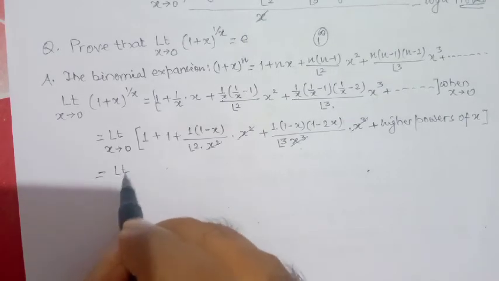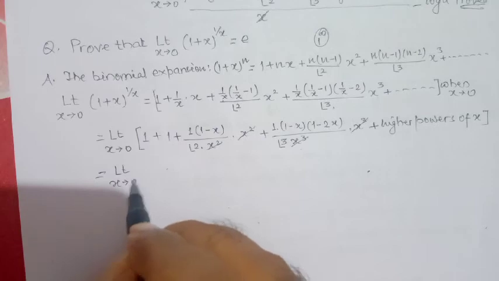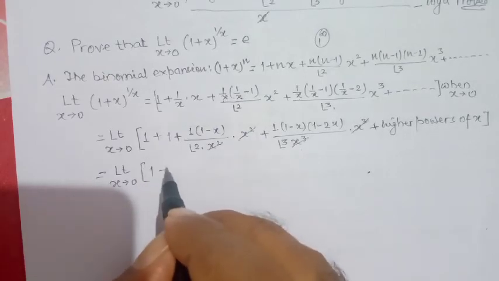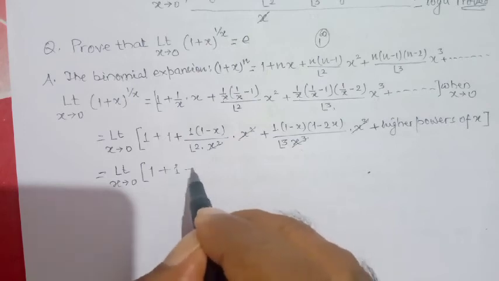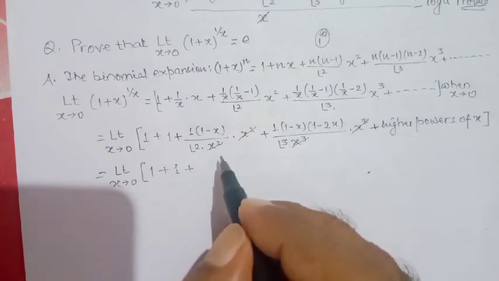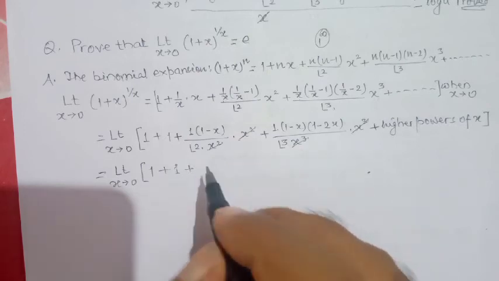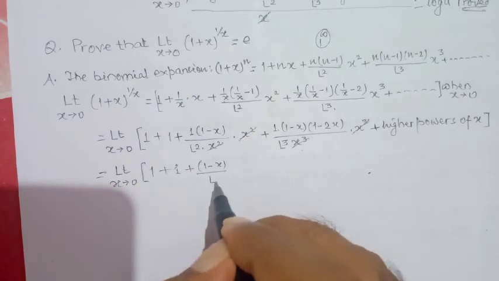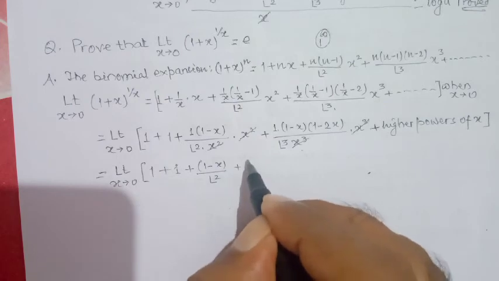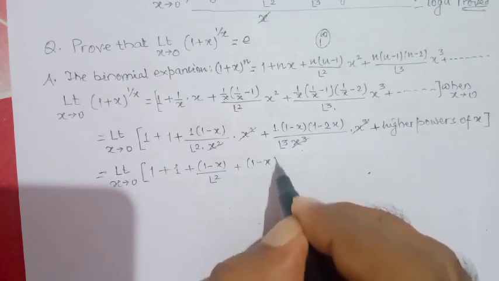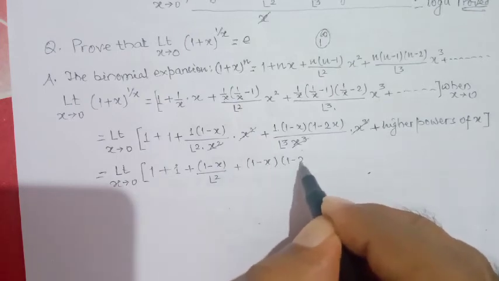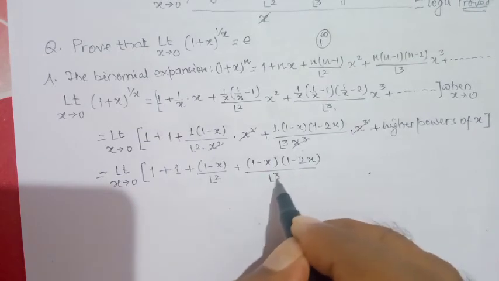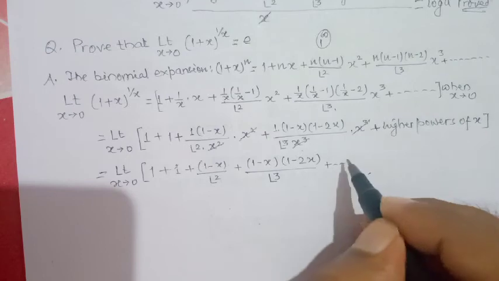Limit x tends to 0, it should be written as first 1 plus 1 plus (1 minus x)/factorial 2 plus (1 minus x)(1 minus 2x)/factorial 3 plus higher powers.